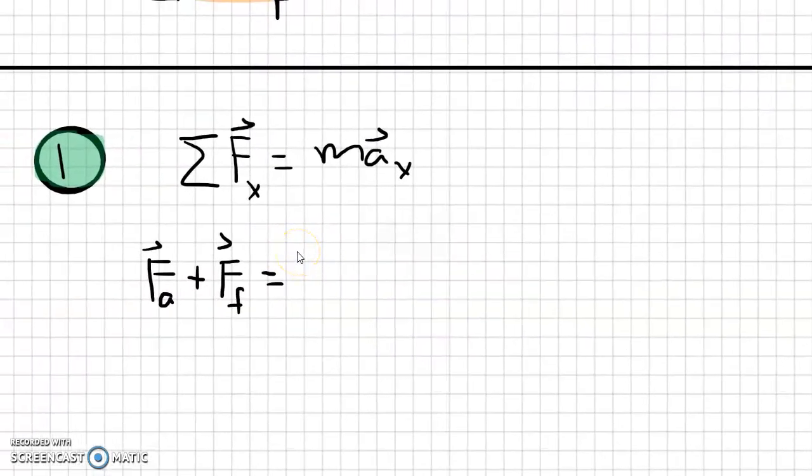So basically, we're looking at the forces in the x direction. I meant to use orange for this. Let me get down my orange pen. The acceleration in the x direction is 0. So in other words, these two forces, the applied force and the force of friction, when we add these together, they must balance out and give us a 0.